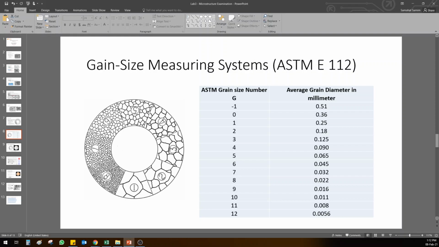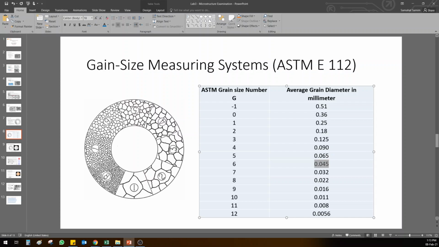Okay, how can you find it out? You can see it here. For grain size number 1, the average diameter of the grain is 0.25 millimeter. But if my grain number is 6, the average diameter is 0.045 millimeter.